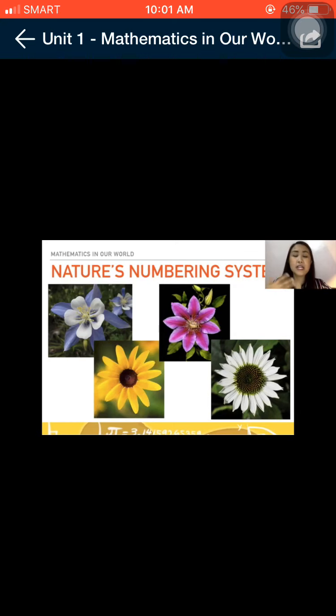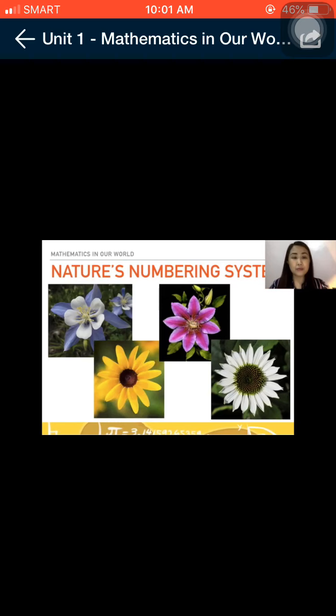Okay. There are flowers, of course, that have 4 petals or so, but more often than not, it's going to be 5 petals, 8 petals, 13. Those are going to be Fibonacci numbers, and they appear so frequently that it's not just chance.